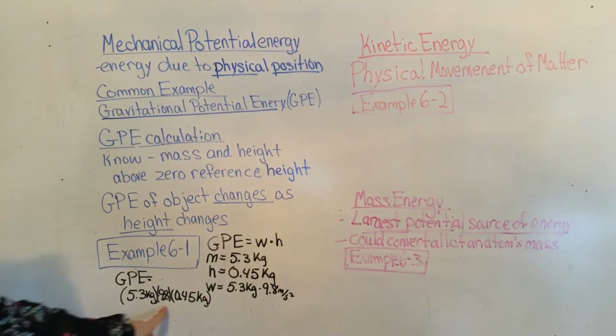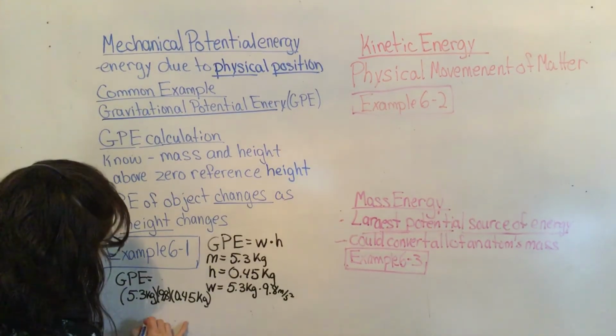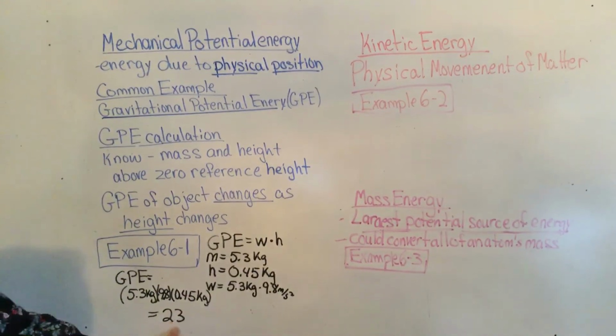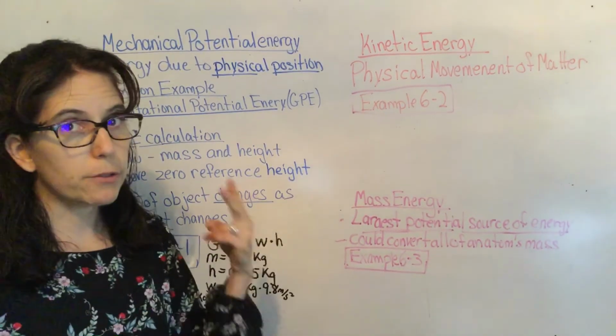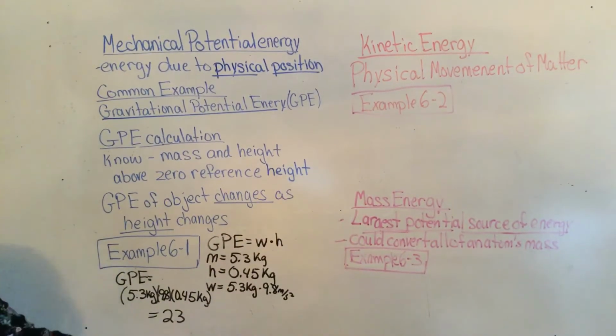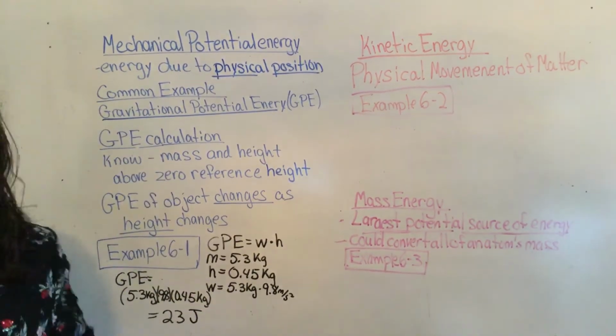So 5.3 times 9.8 times 0.45 gives us 23.3. I'm going to drop the 0.3, because these two measurements only have two significant digits. So 23 is our answer, and the units become joules.